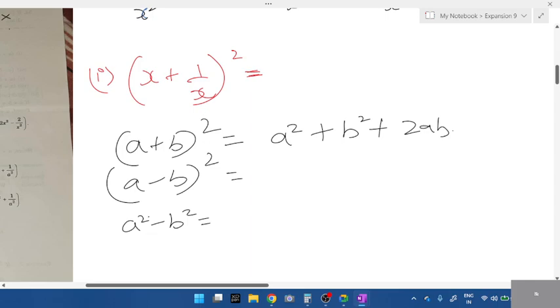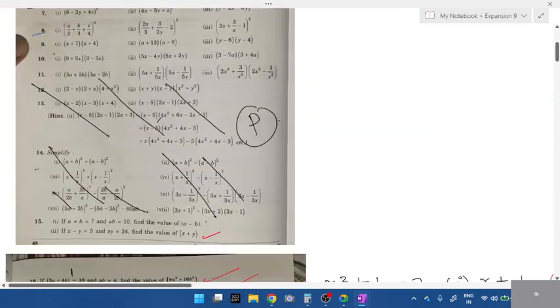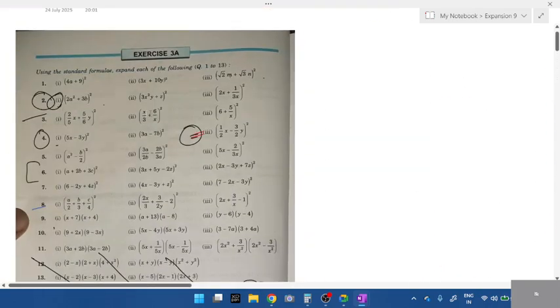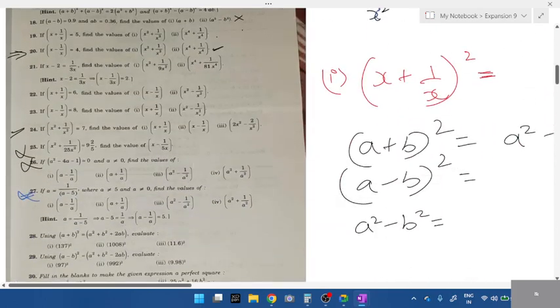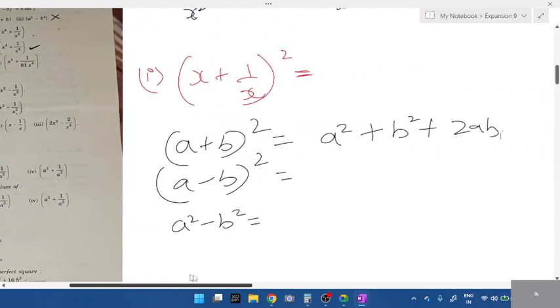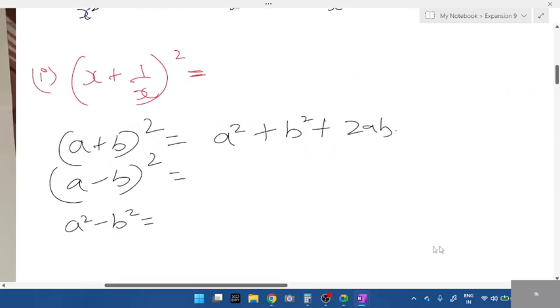Have you written notes? Are you maintaining notes? Without this formula, how were you able to solve? See, in the beginning, I told you all these questions I made you solve, right? How did you solve without the formulas?